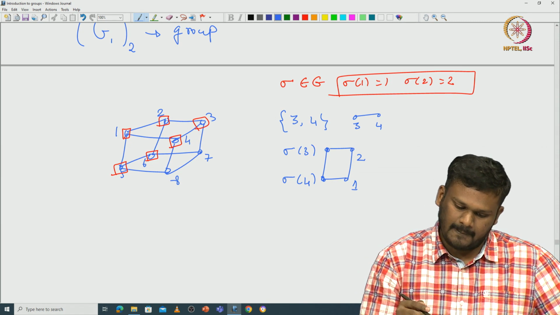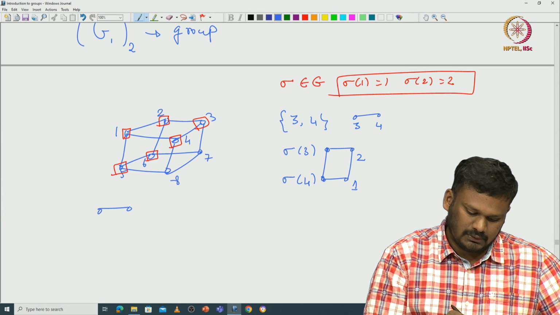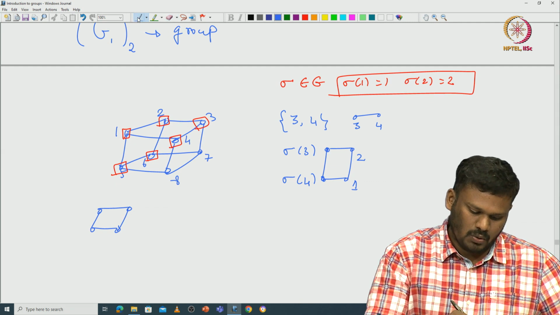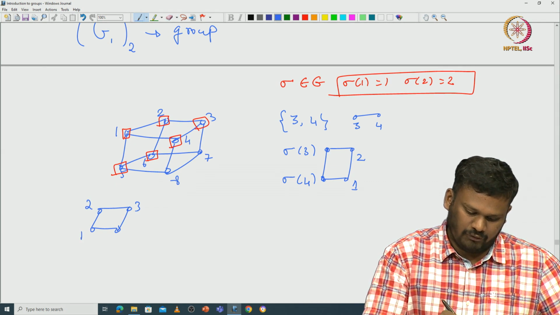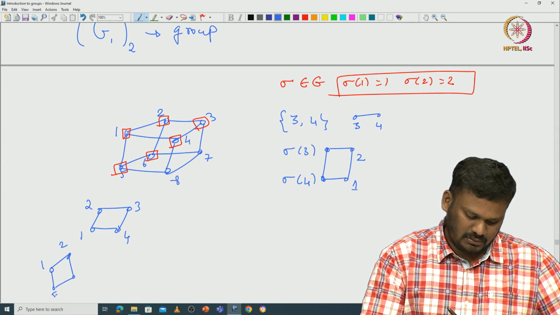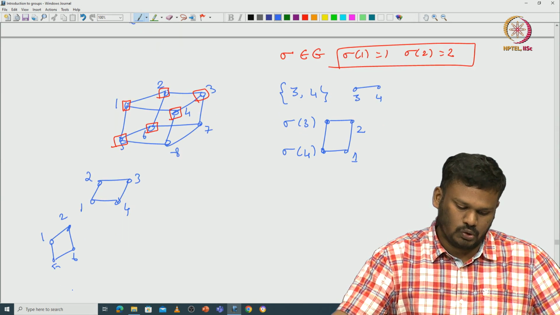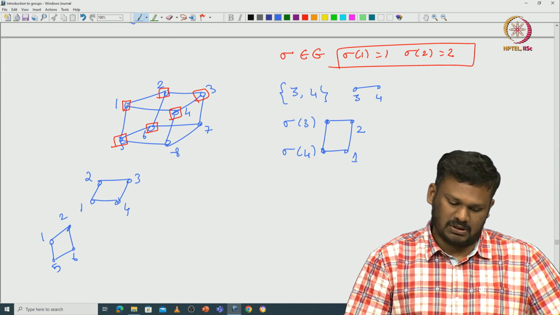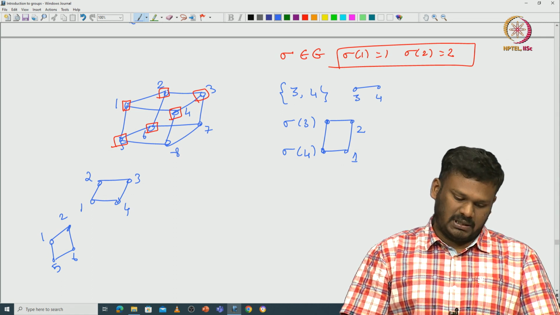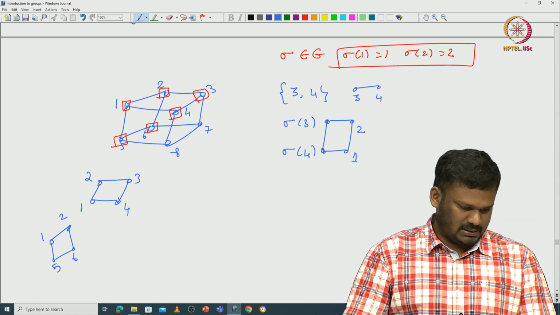One is you can take the top square, that is 1 2 and then 3 4, and the side square you can take 1 2 and then 5 6. So, these are the 2 squares that are possible. That means sigma of 3, sigma of 4 either can be 3 4 or 5 6.